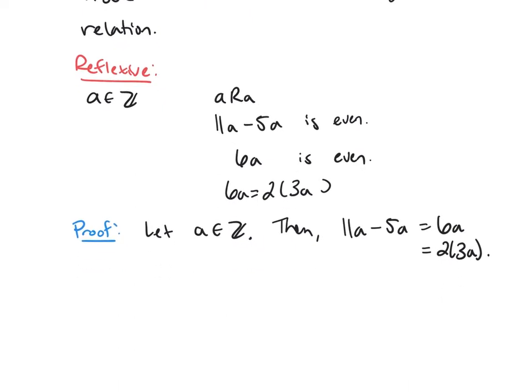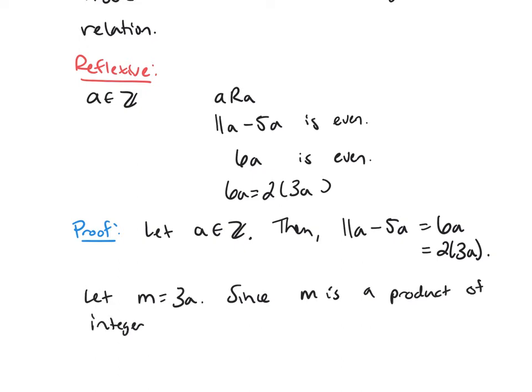So now I'm going to let M equal 3A, since M is a product of integers, M is an integer.